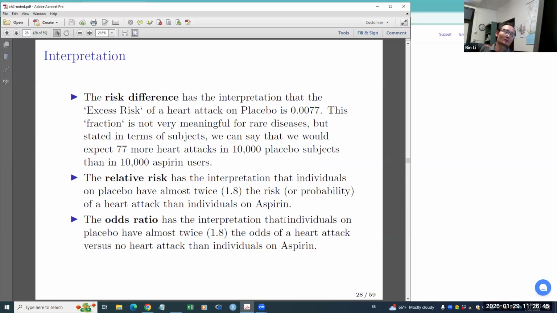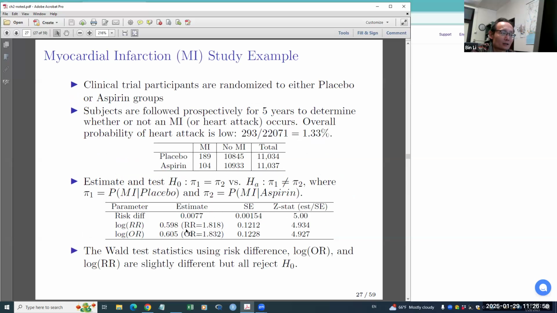So, interpretation. The risk difference has the interpretation that the excess risk of a heart attack on the placebo group is 0.0077. Okay, so that's the estimate of the difference.